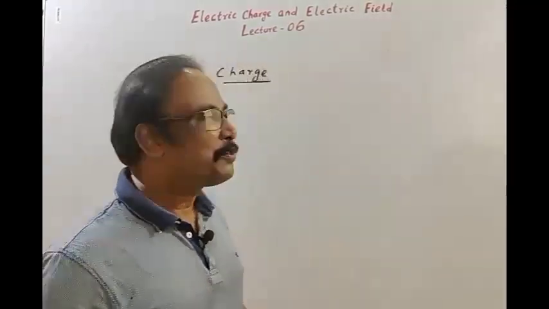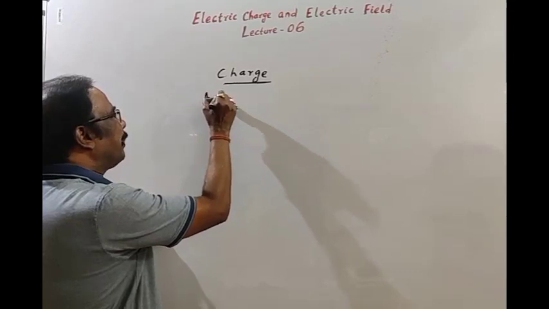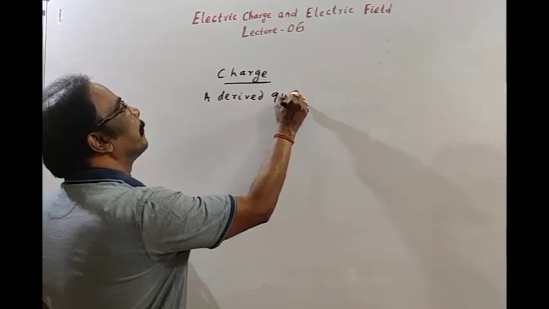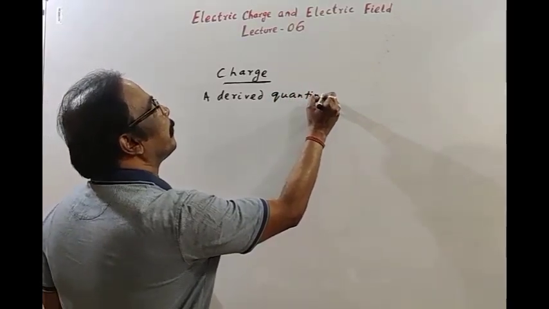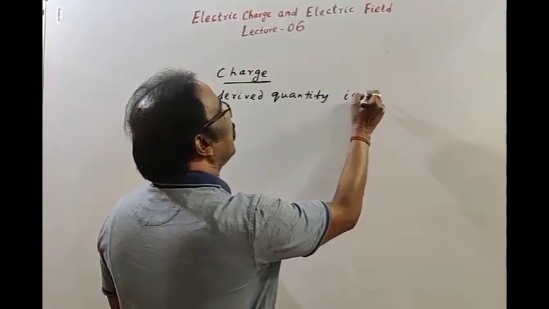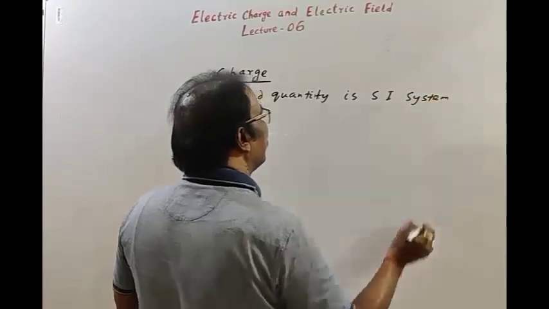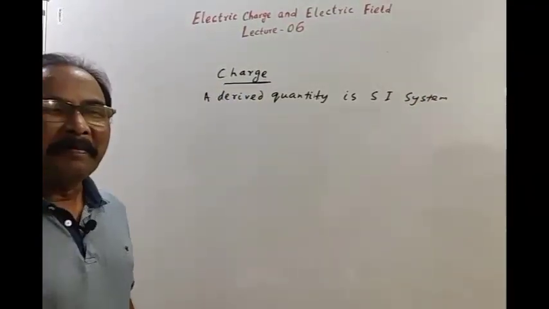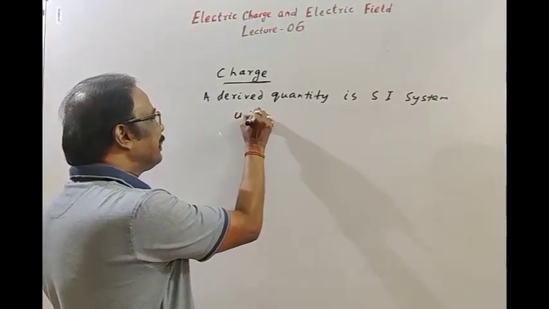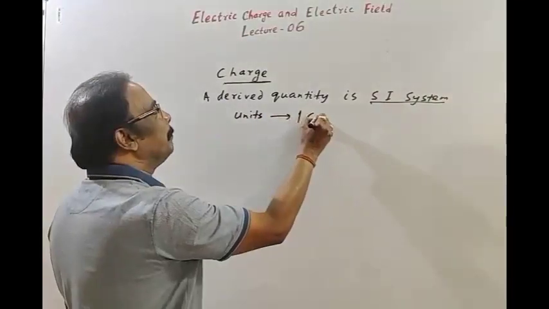Okay, electric charge. Charge is a derived quantity in SI system, and the unit of charge in SI system is Coulomb.